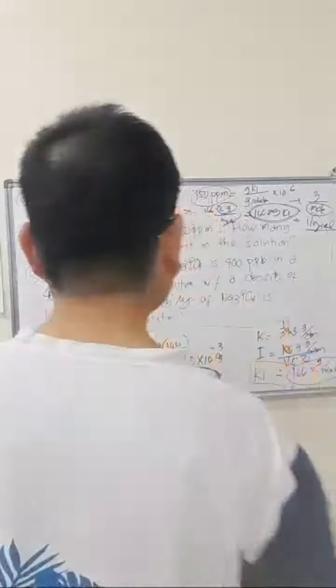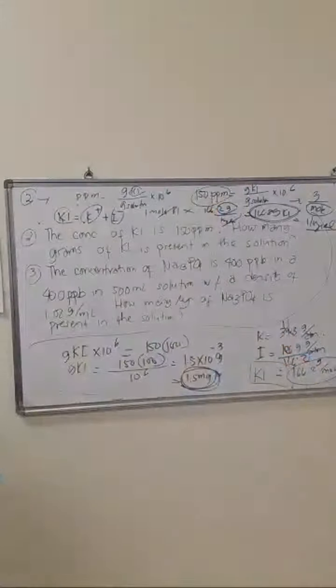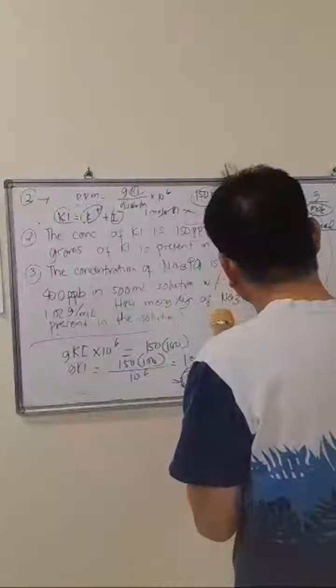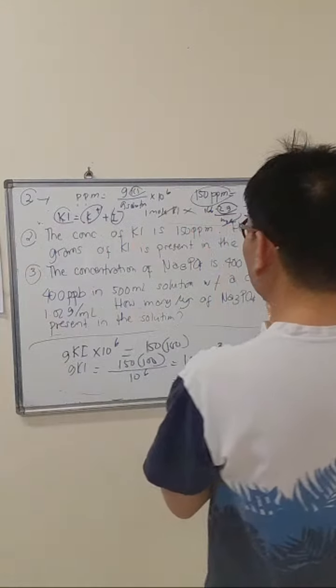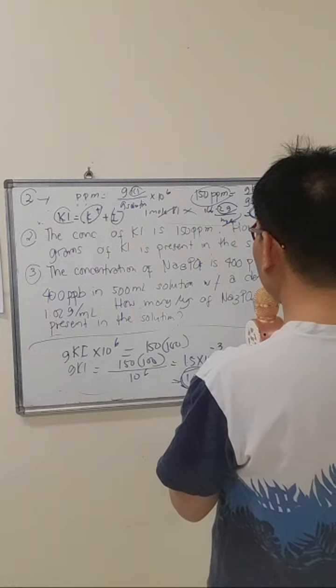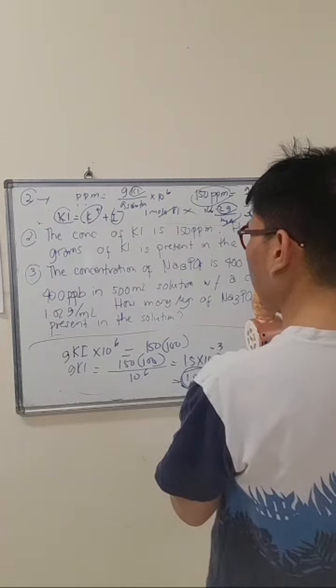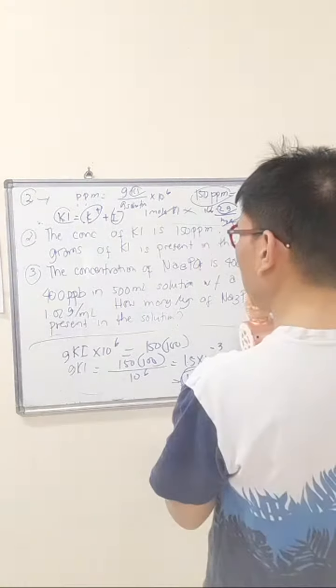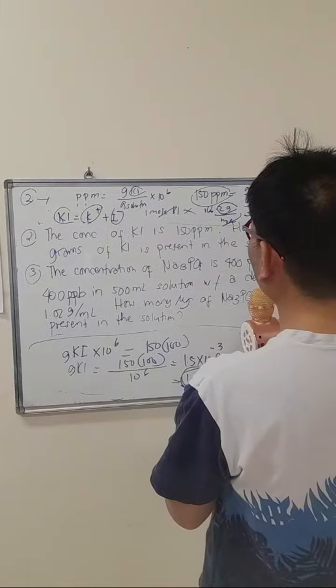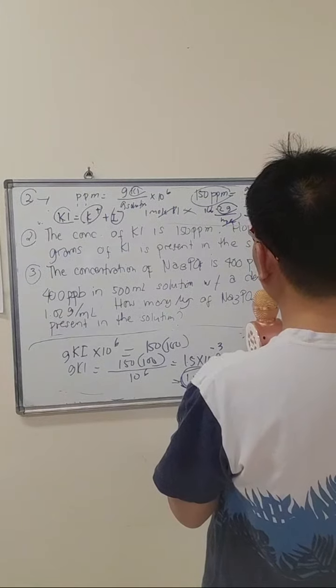Let's check. Okay, possible. Extract the options to get the correct answer. Okay, because this is on the spot. Now we have grams of potassium iodide. Parts per million, 150.